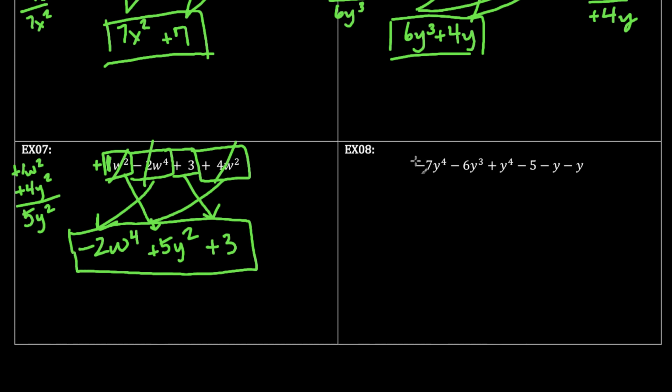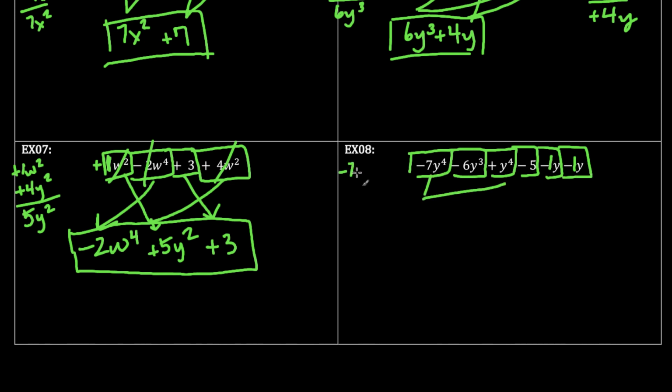Last example. Negative 7y to the 4th minus 6y to the 3rd plus y to the 4th minus 5 minus y minus y. I'm going to write my 1s right here. So the highest exponent is y to the 4th. Ooh, I have 2 of them.